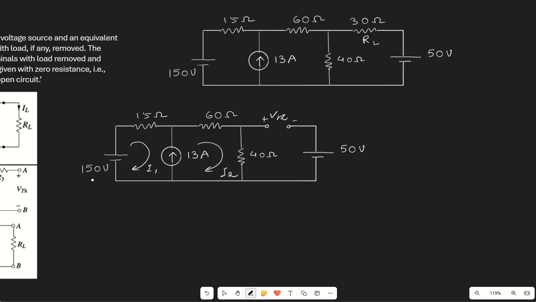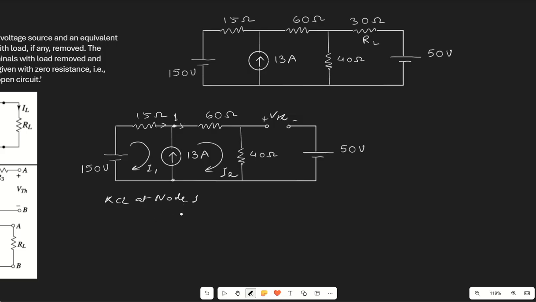To start with, the current in this is I1, this is I2, and this is 13 ampere. As per KCL, by applying KCL at, suppose this is node 1, we can apply either here or on the other terminal.